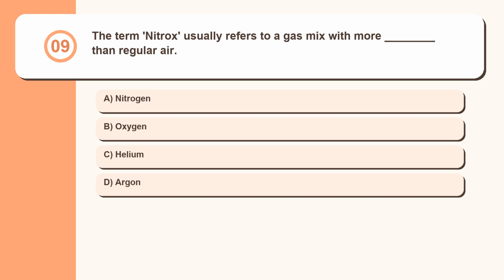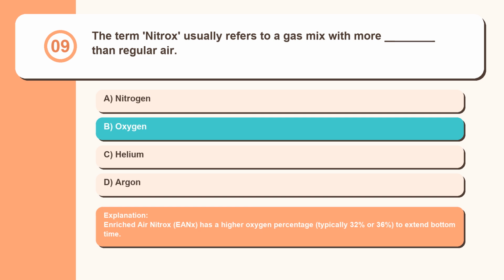The term nitrox usually refers to a gas mix with more than regular air. Nitrogen, oxygen, helium, argon. Enriched air nitrox, EANX, has a higher oxygen percentage, typically 32% or 36%, to extend bottom time.